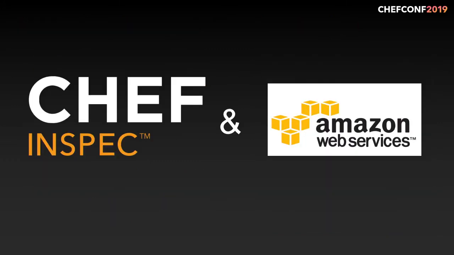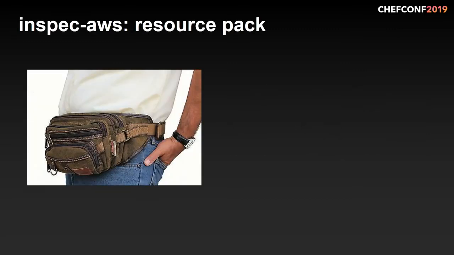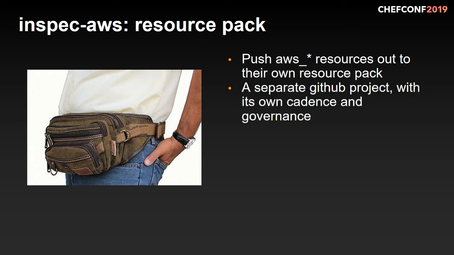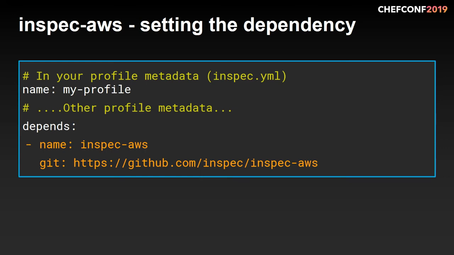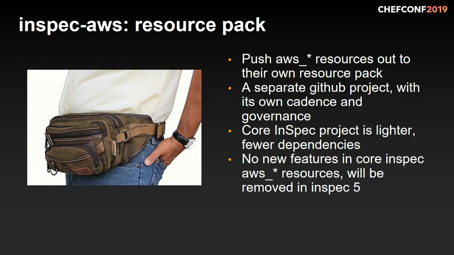Okay. So now we're going to talk about new changes between Chef InSpec and the AWS resource pack. This is a big change, right? I was brought up to speed on the history of this. As I understood it, the AWS resources were on their own resource pack to begin with years ago, and then were incorporated into InSpec core.